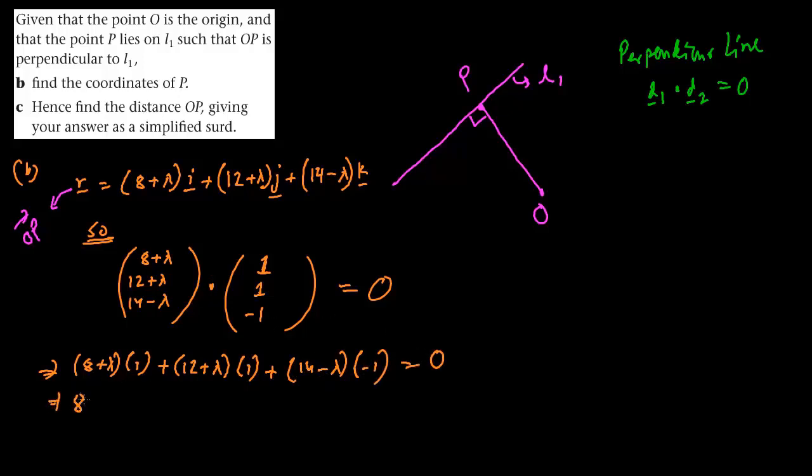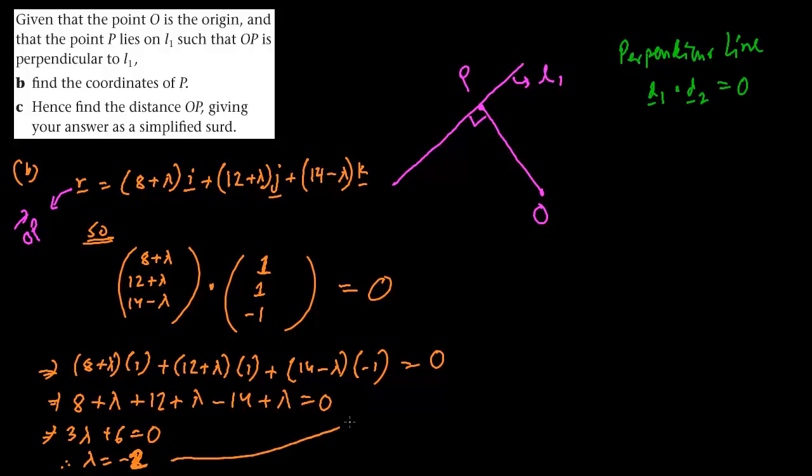This turns out to be 8 plus lambda plus 12 plus lambda minus 14 plus lambda equals 0. Lambda plus lambda plus lambda is 3 lambda. 8 plus 12 is 20, 20 minus 14 is 6. So 3 lambda plus 6 equals 0. Therefore, lambda equals minus 2.